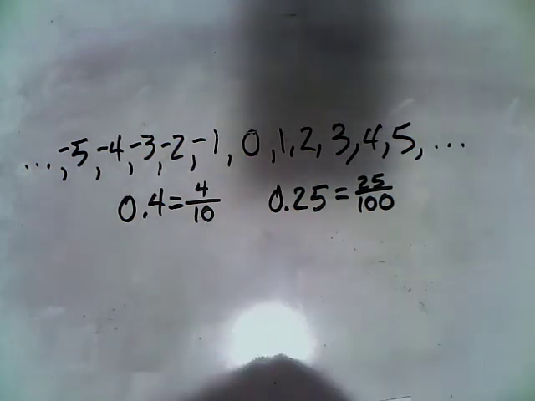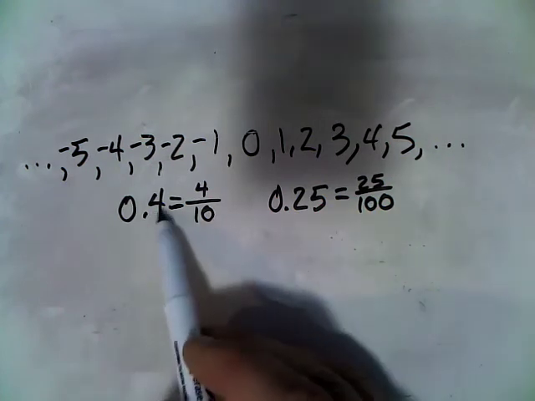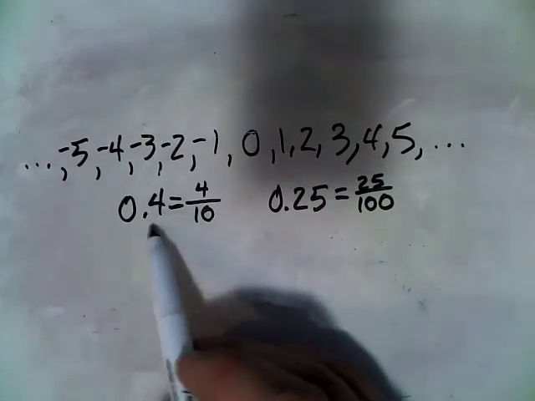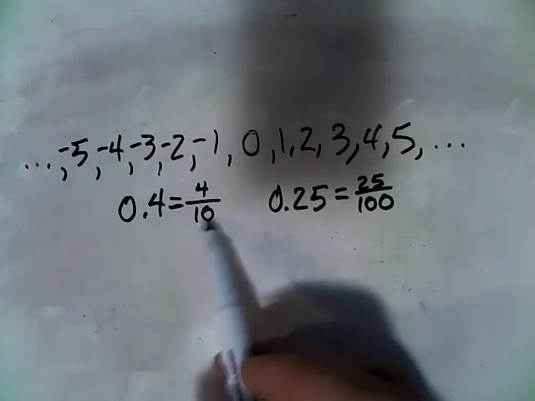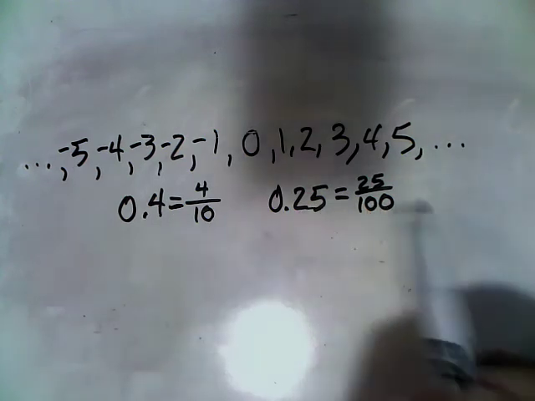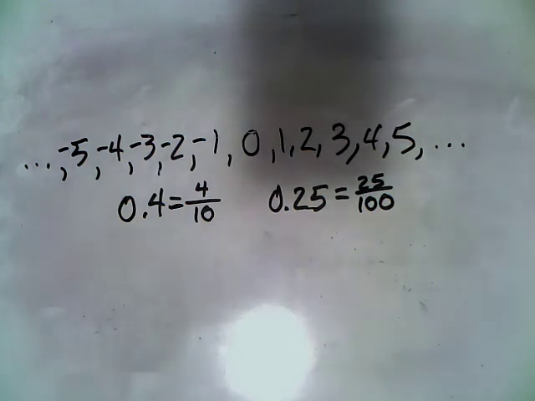These are terminating decimals. All terminating decimals are going to be their decimal parts over their final decimal place. So this is at the tenths, this is at the hundredths. All of our place values are related to powers of 10, which are all integers.